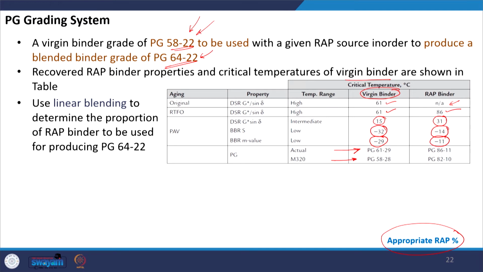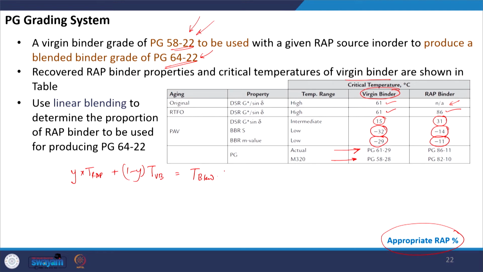Talking about the same formula which I just wrote in the previous slide, we wrote that Y times T of RAP plus (1 minus Y) times T of virgin binder is equal to T of blend, is it not?